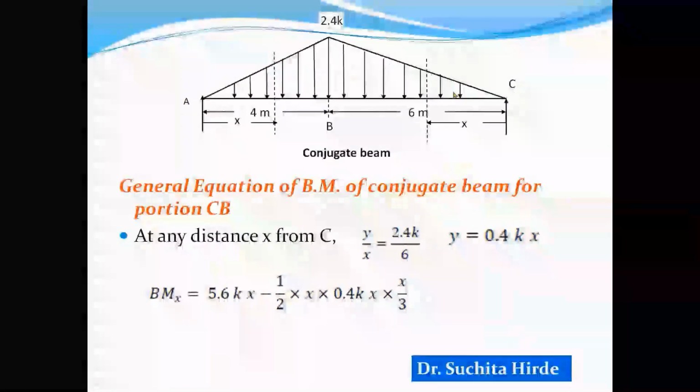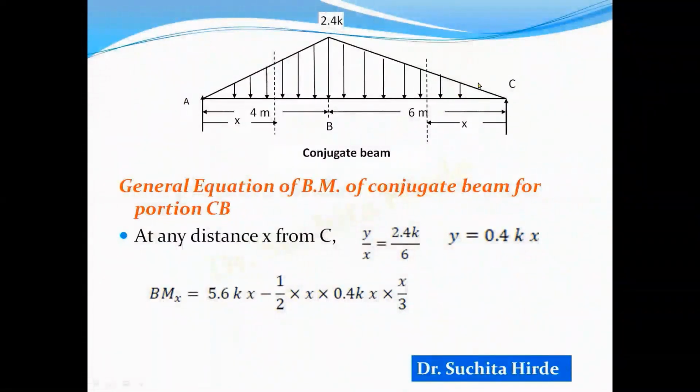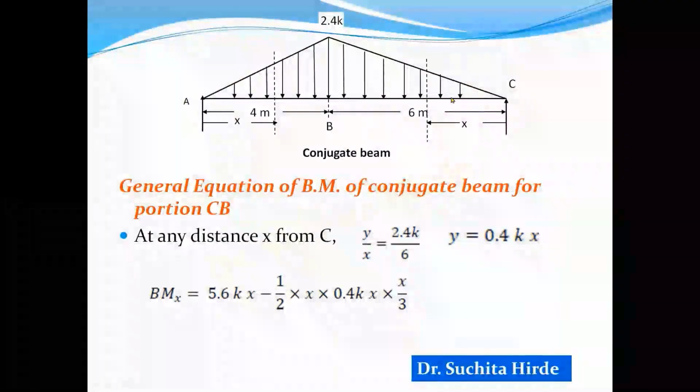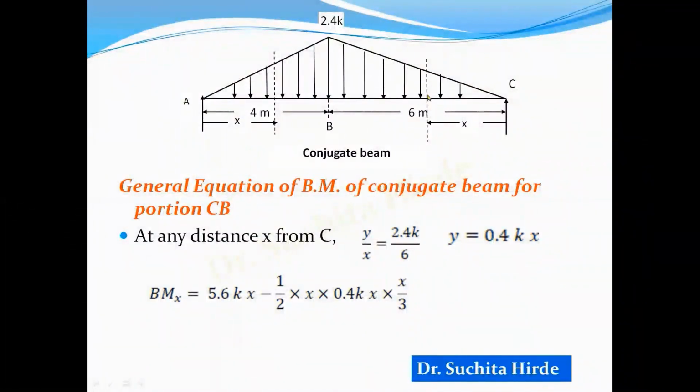What is the moment? It is the area of this triangle, half base into height, multiplied by the distance we are measuring from the section. Here we want bending moment, therefore we will measure distance from this section, which is equal to 1/3 of x, that is x by 3.